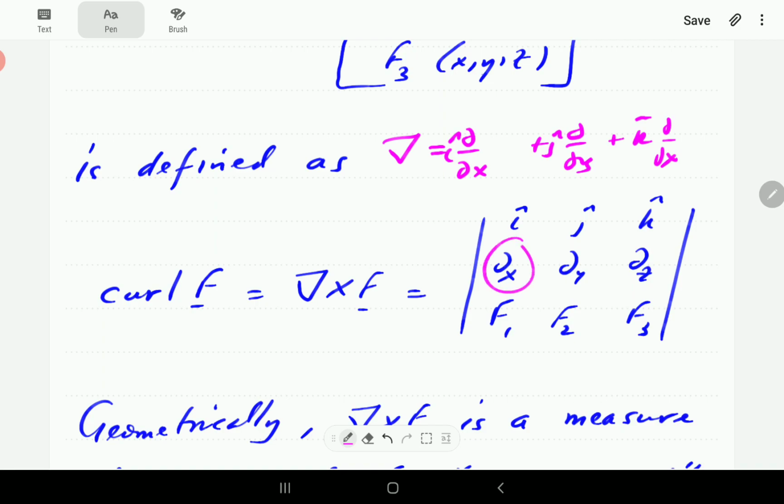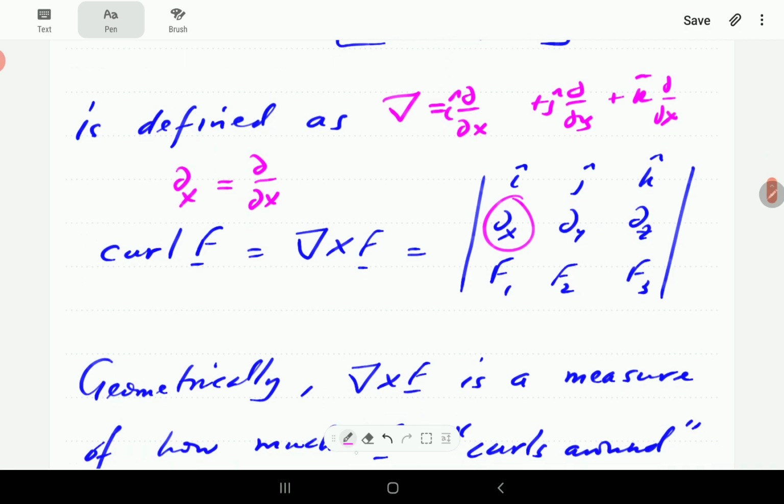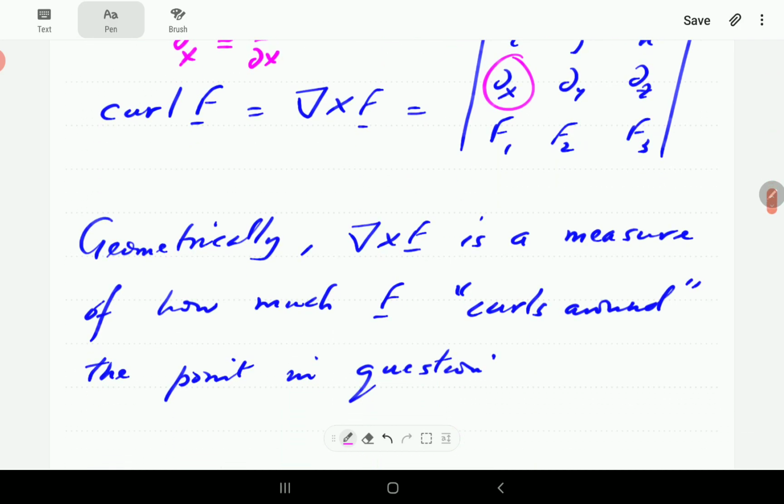Here we're using the shortened form of partial x. These are the partial derivatives with respect to x, y, and z respectively, and then these are the components of f, the x, the y, and the z.